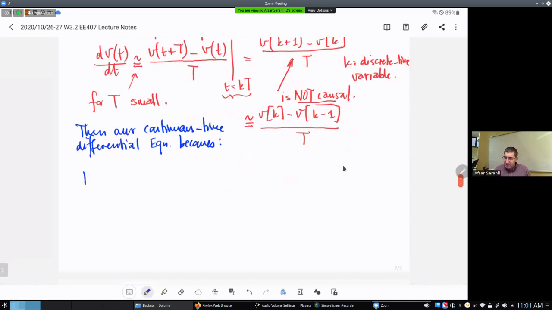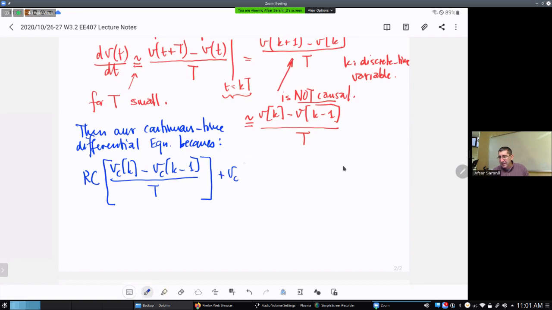So what I have here is RC, and instead of dVc over dt, I have Vc at k minus Vc at k minus 1, divided by my sampling interval T, plus Vc at k is equal to V of k. Everything becomes a function of discrete time, and we no longer have a derivative operation. We just have a difference instead.